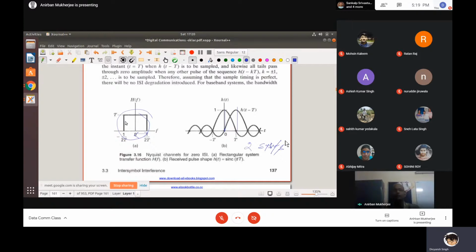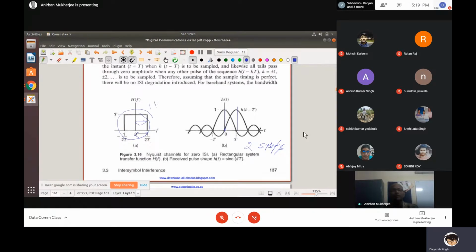Then the bandwidth is 1 by 2T. That means for a 1 hertz channel you can maximally send 2 symbols per second.